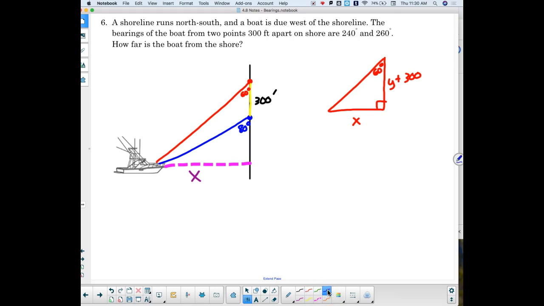If I look at my blue triangle, this is now 80 degrees, this is x, and this is y, and this is my right angle.